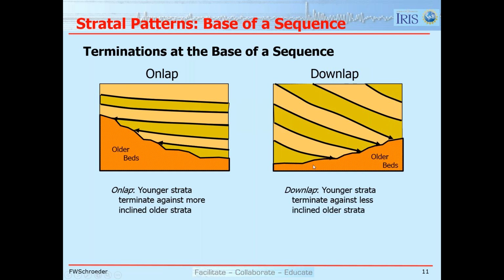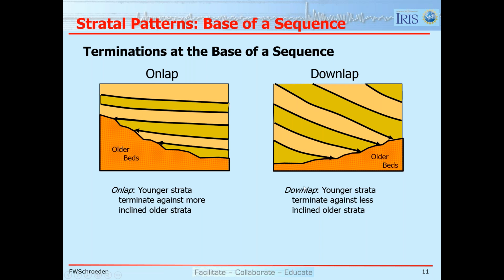Similarly, again, the orange would be the older rocks. I have a seismic reflection that comes and terminates, another reflection cycle that terminates, another reflection cycle that terminates. In this case, the reflections that terminate are at a steeper angle than the surface against which they terminate, and this is what we define to be downlap.